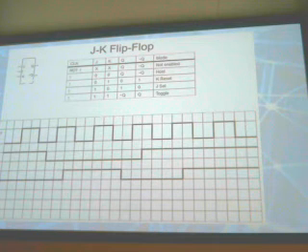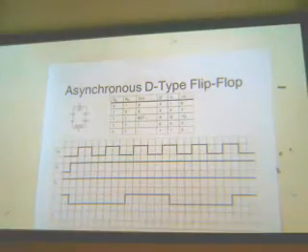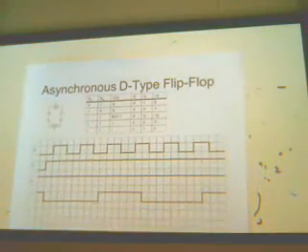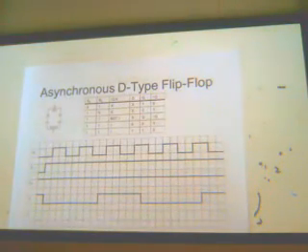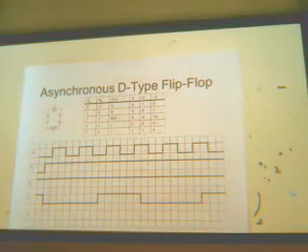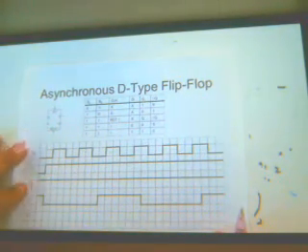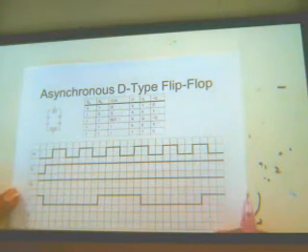Okay, so let's go through this. First I have an asynchronous D-type flip-flop. Let's do that first. It's the last one. Okay, asynchronous D-type flip-flop. See that okay? Same thing, we still have the same tempo. Okay, so do we know what state we're starting with?